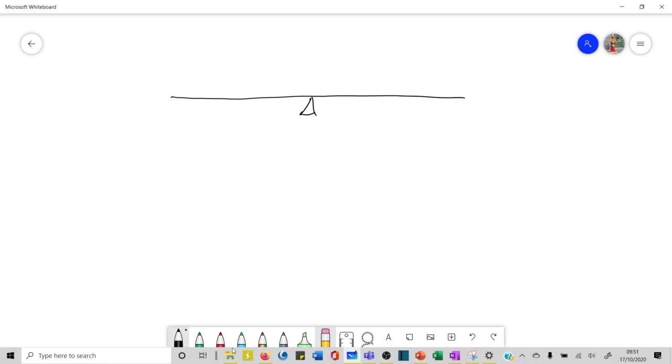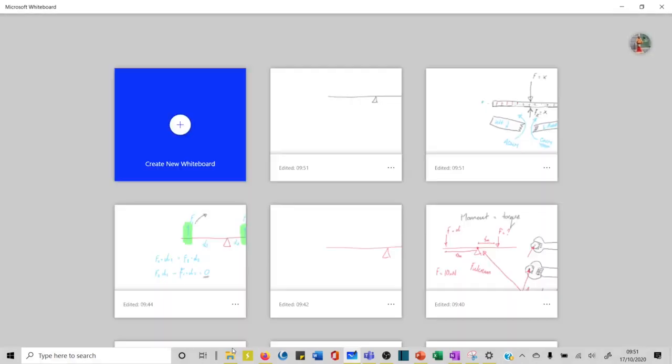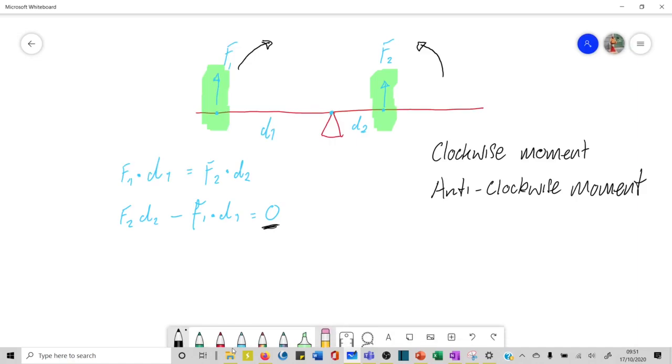Let's suppose for argument's sake we've got a number of forces acting in different directions. So we saw in one of these examples, I think it was this one, that this force here is acting in an anti-clockwise manner because it's trying to counteract this force here.